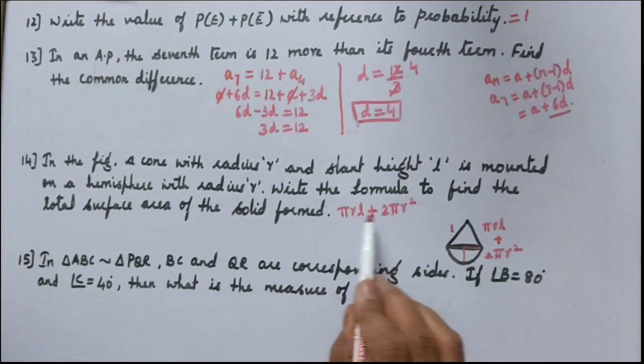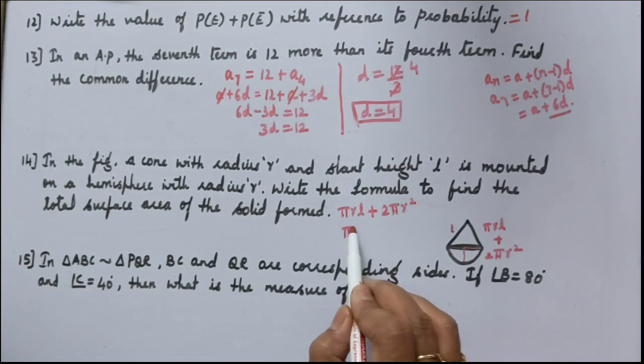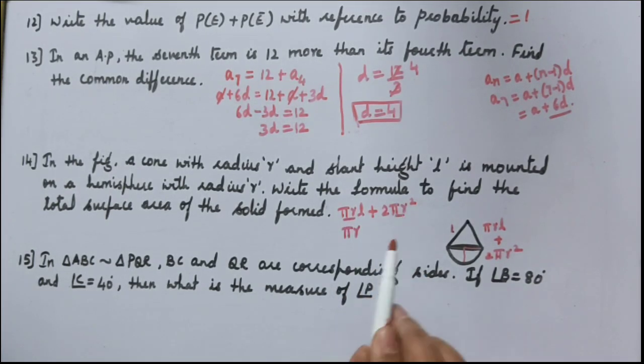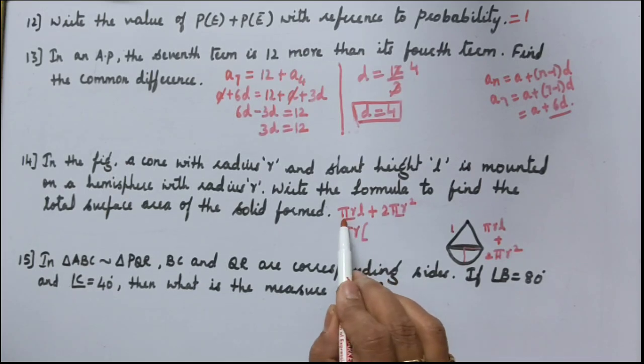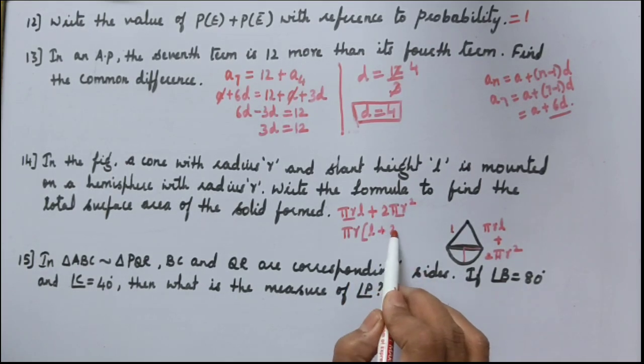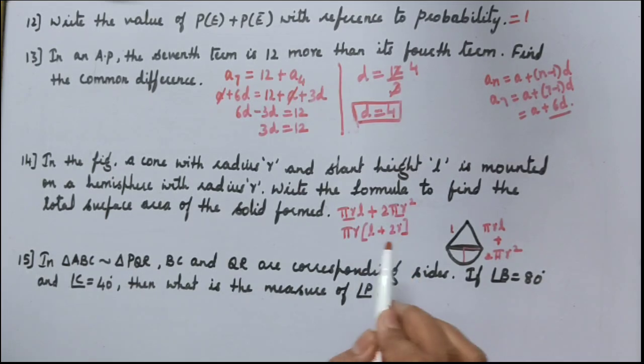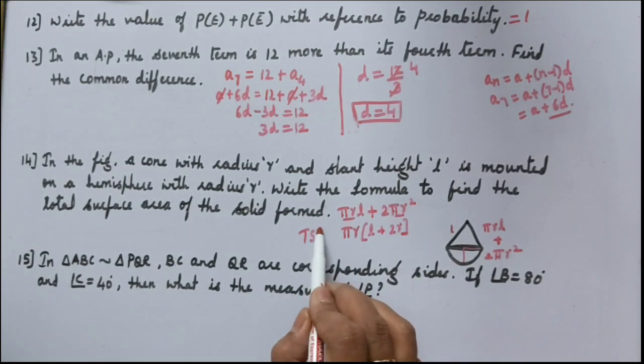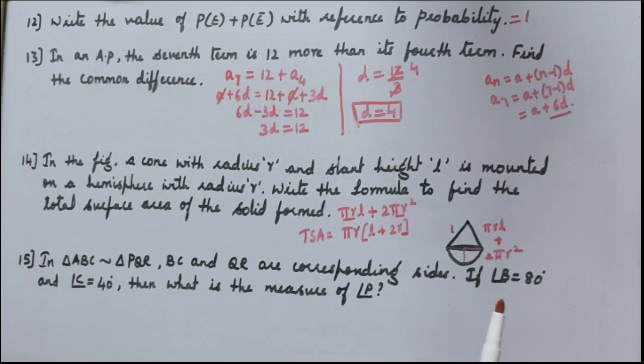So what is common in these two is pi r. Can you see pi r, pi r? Yes. Now pi r is common. Here l is left over. Here it is 2, one more r is left over. This is the total surface area of the solid.